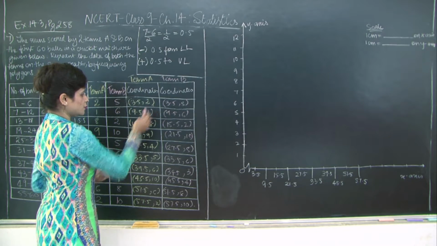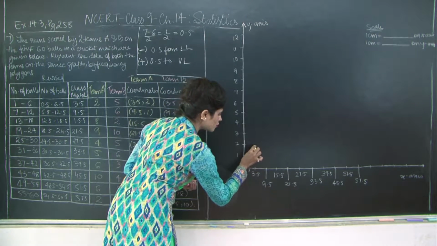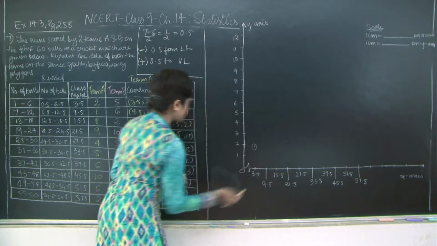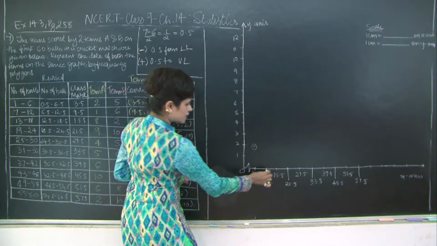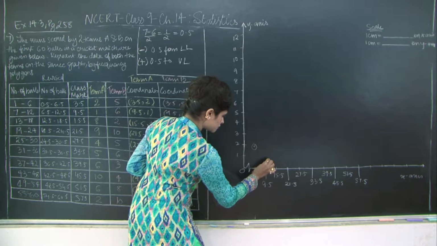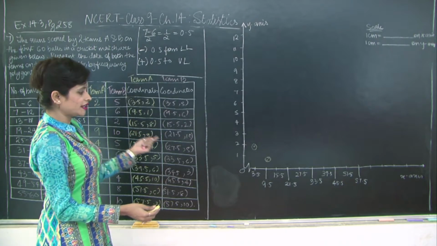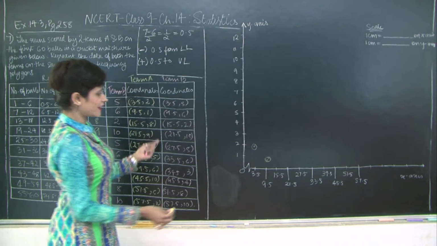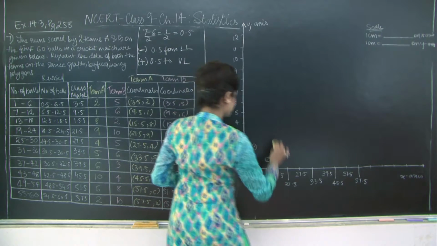So the first one is 3.5 comma 2. So 3.5 comma 2 will be over here. Then I have 9.5 comma 1. Then there is 15.5 and 8.